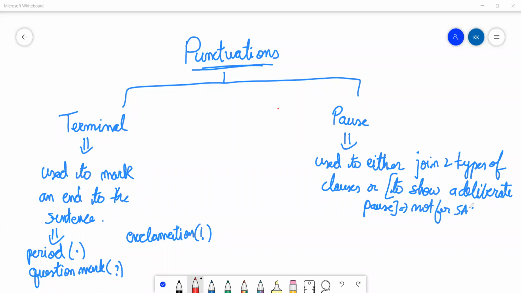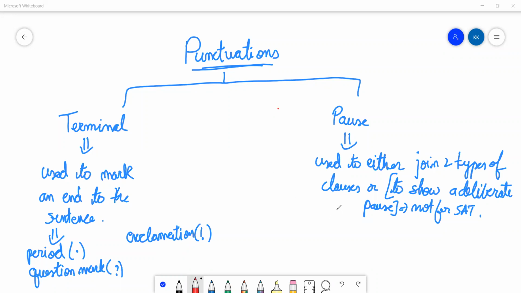Okay, this is only when you're doing spoken English, when you're giving speeches and things of that sort. That's when a pause punctuation for a deliberate pause is used. Here for us, the use of a pause punctuation is only going to be to join two types of clauses.